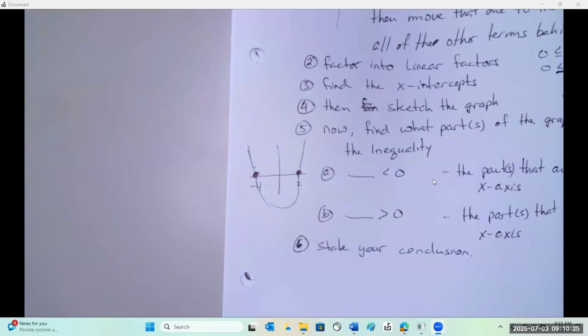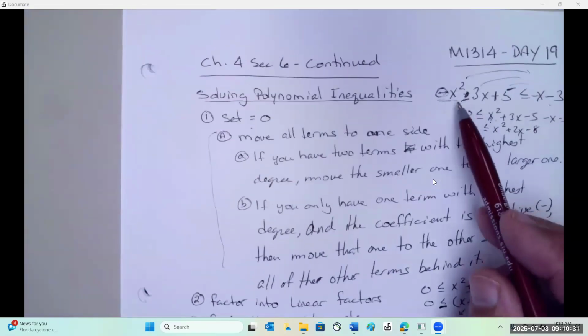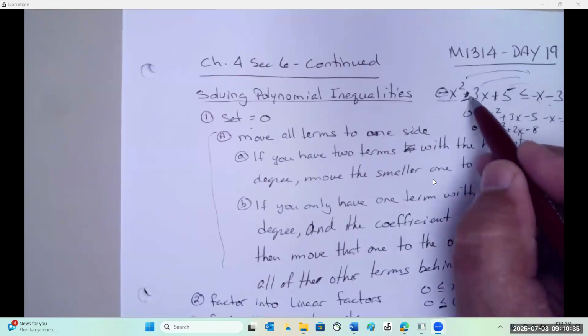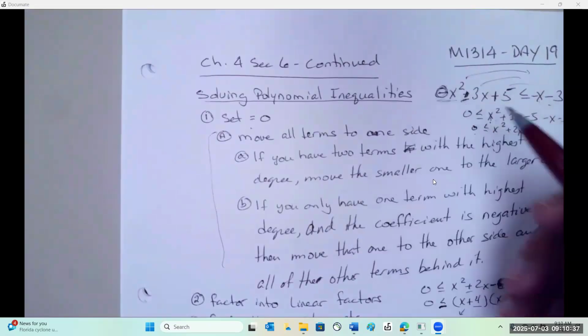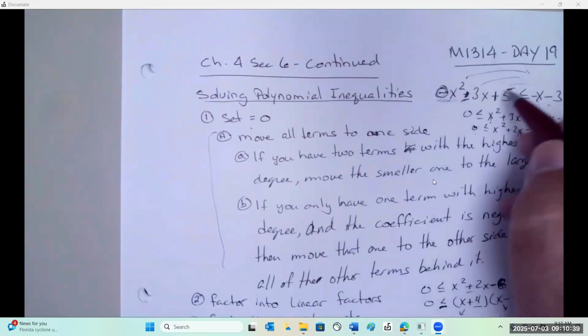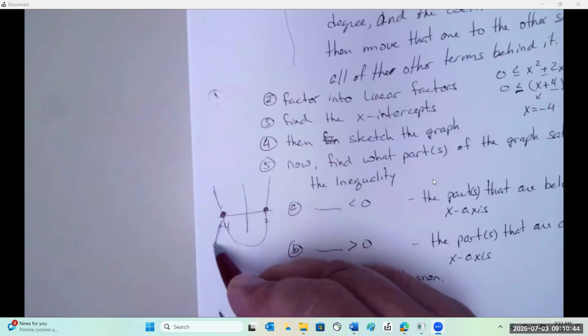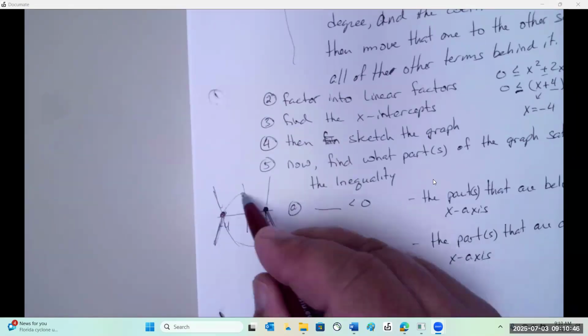But the problem with this is it's not true. Because remember, what do we do first? We change the sign of x. So since the original x was negative, this is where we find the direction of the graph. Our graph will be going down.